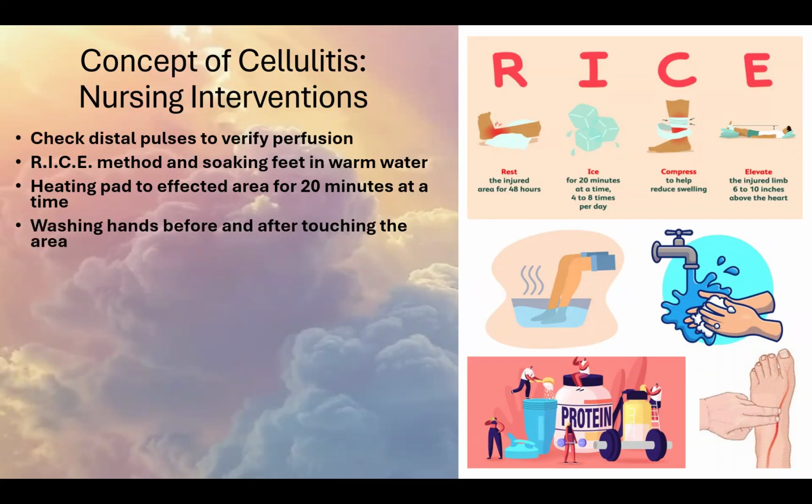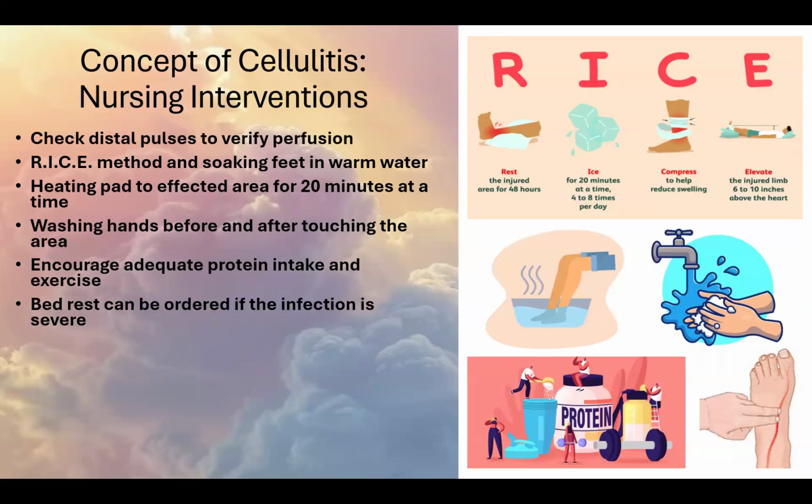Washing hands before and after touching the area is extremely important. Encouraging the patient to intake enough protein and have enough exercise. Bed rest can be ordered if the infection is severe enough.